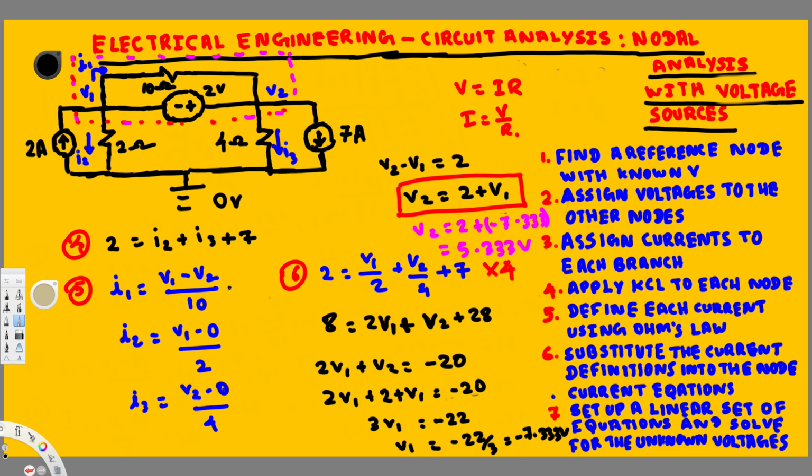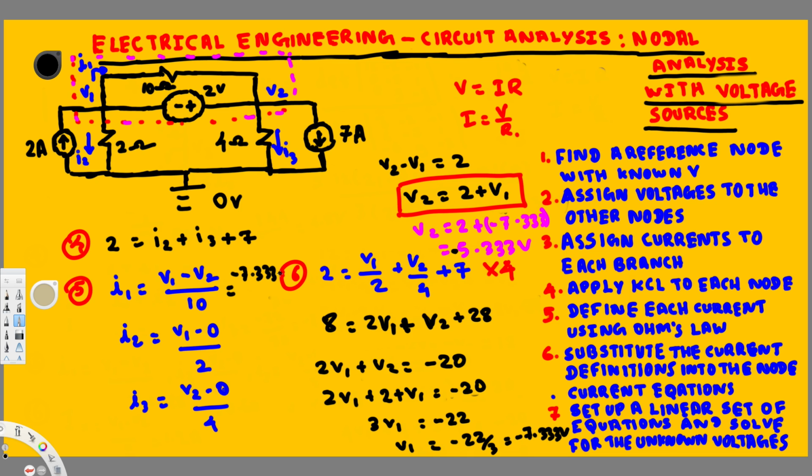Now we have v1 and v2, and if you want to find the currents, you can go ahead and find them. It's very simple, we can simply substitute values, right? So here we're going to have minus 7.333, and minus minus, that's going to make this one plus. Okay, this should be minus right here, because minus plus is going to make this one minus.